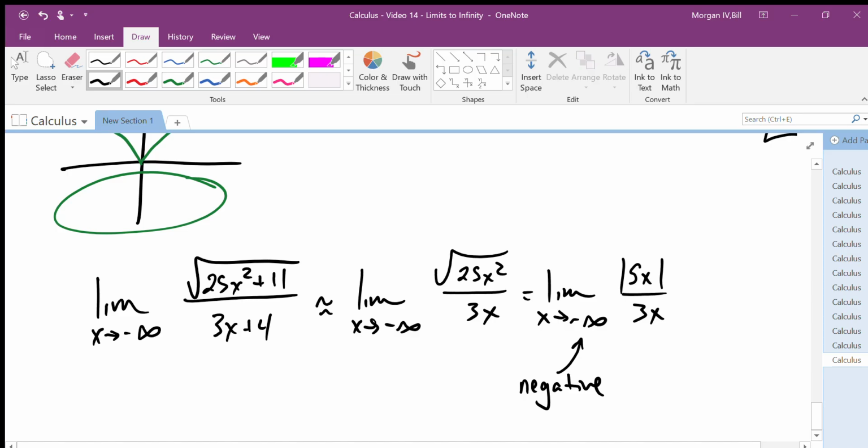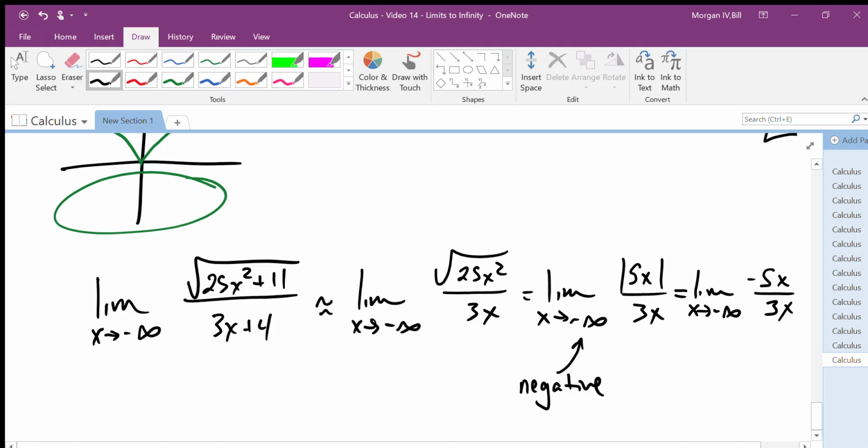But if we want to keep the numerator positive but plug in negative values for x, this is equal to the limit as x goes to negative infinity of negative 5x over 3x. And if that seems counterintuitive, think about this. Pick a value as x goes to negative infinity, like negative 1,000.